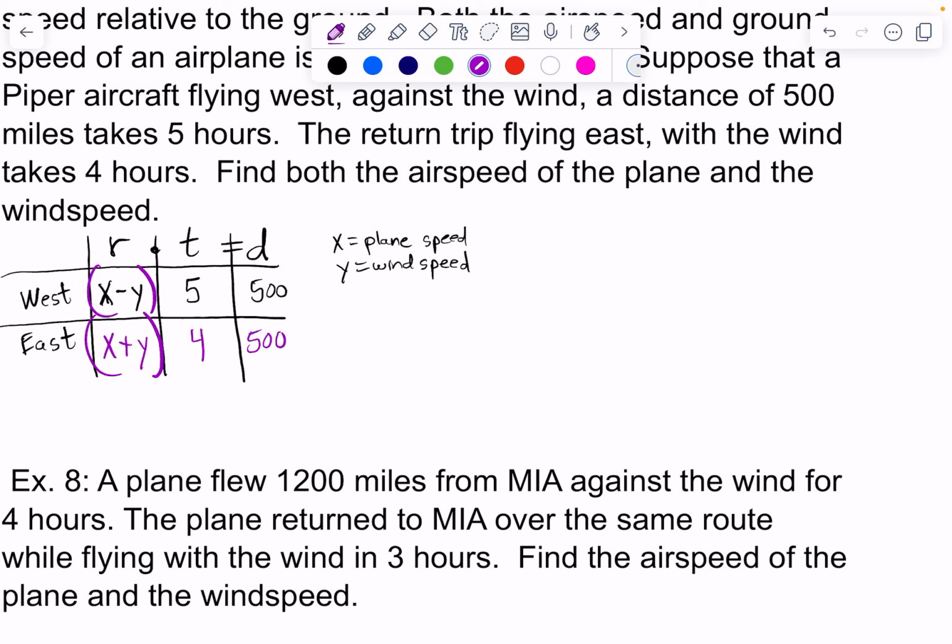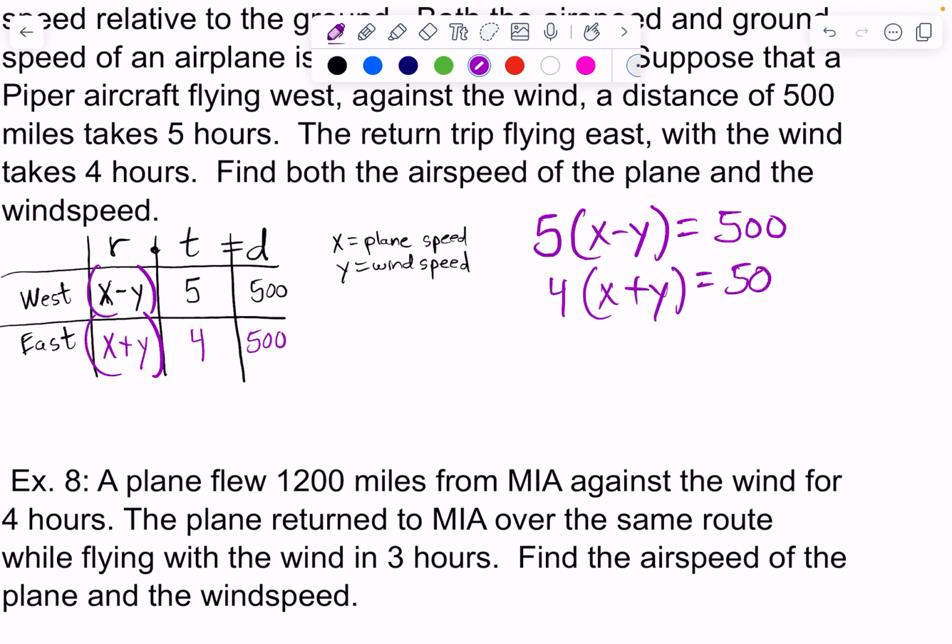Instead of distributing it, just set up the equations first. What am I talking about? 5 times (x minus y) equals a distance of 500, and 4 times (x plus y) equals the distance of 500. Before distributing the 5 and the 4, let's go back in time.